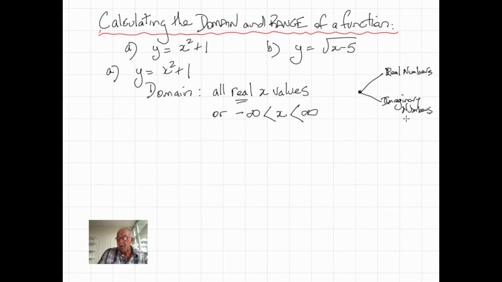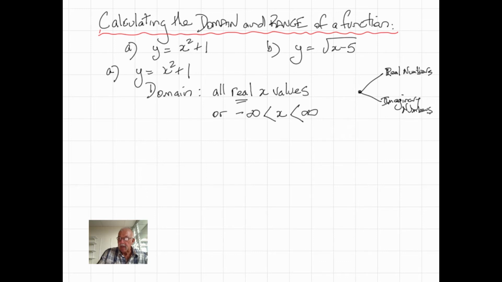Now, imaginary numbers we're going to meet in later maths courses. Imaginary numbers are the square root of negative numbers. That's one example of what an imaginary number is, a square root of a negative. So they fall into this category.